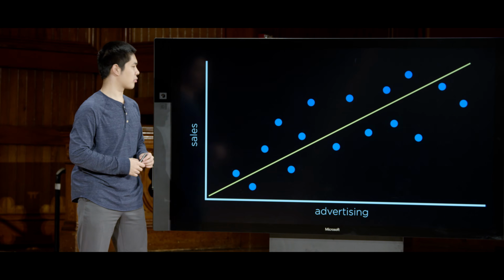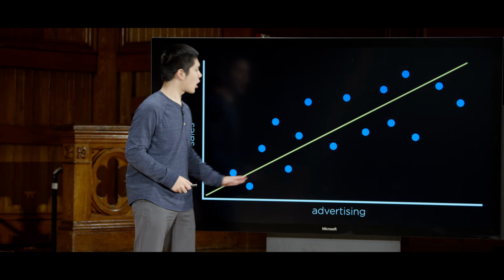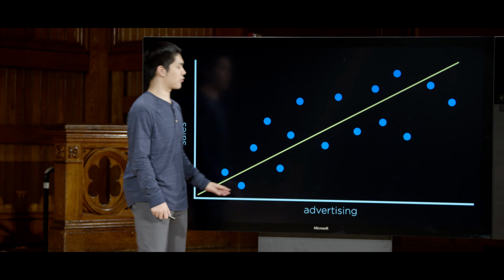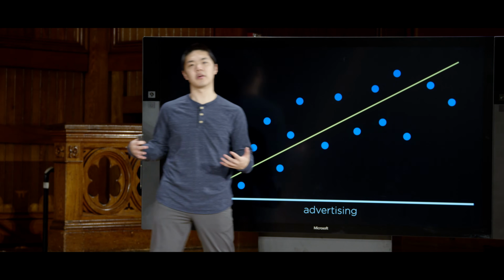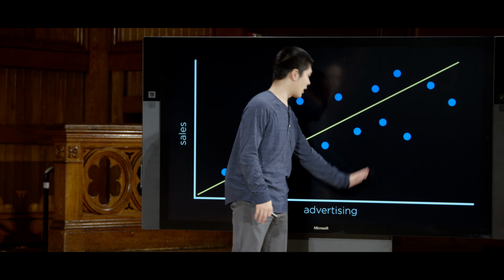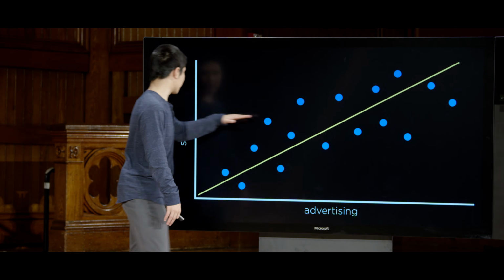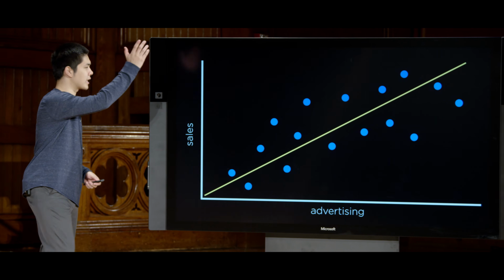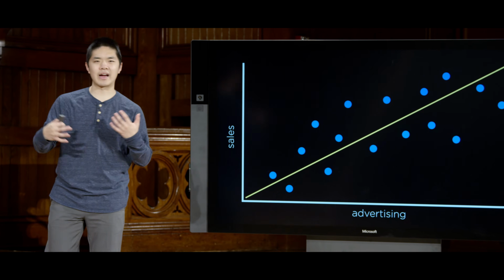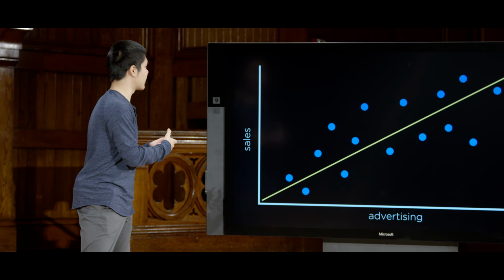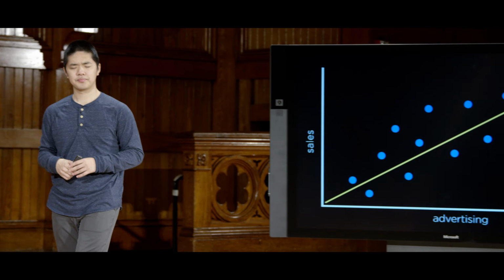But instead, we're just trying to find a line that approximates this relationship between advertising and sales, so that if we want to figure out what the estimated sales are for a particular advertising budget, you just look it up in this line, figure out for this amount of advertising, we would have this amount of sales, and just try and make the estimate that way. And so you can try and come up with a line, again, figuring out how to modify the weights using various different techniques to try and make it so that this line fits as well as possible.